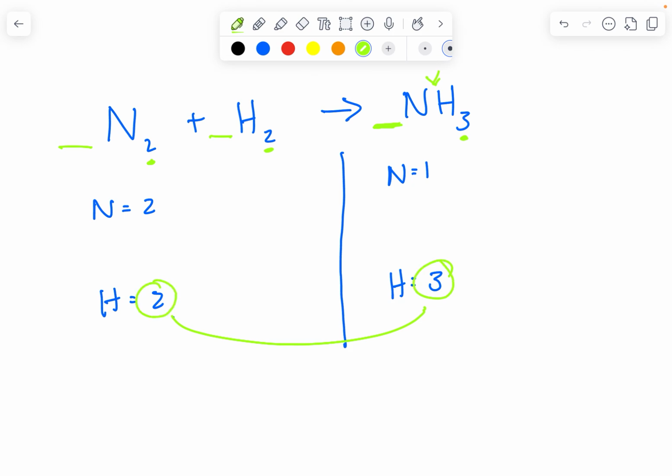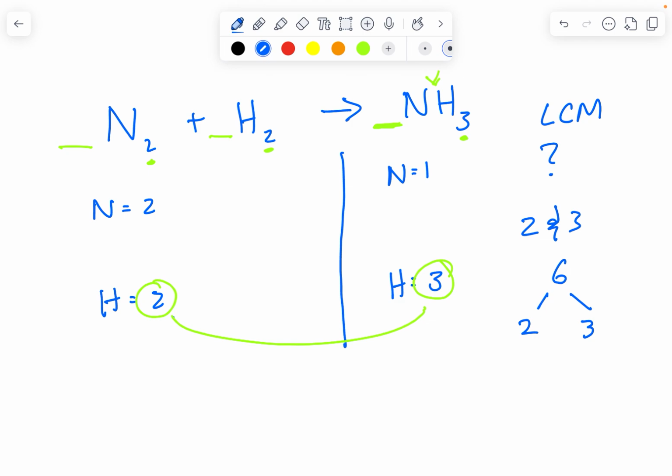Whenever we have situations like that, you want to find the least common multiple. That's just a fancy way of saying, what number has 2 and 3 as a factor? That would be 6, if we make a little factor tree.